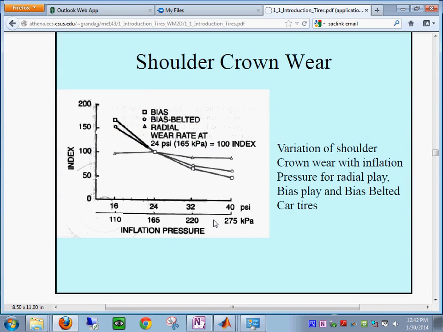This one is to consider the shoulder crown wear and the variation of the shoulder crown wear with the inflation pressure for radial ply and bias ply tires. In here you have this index and you have the inflation pressure here.